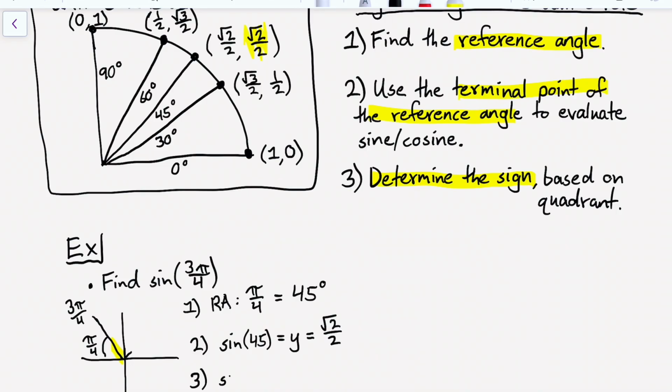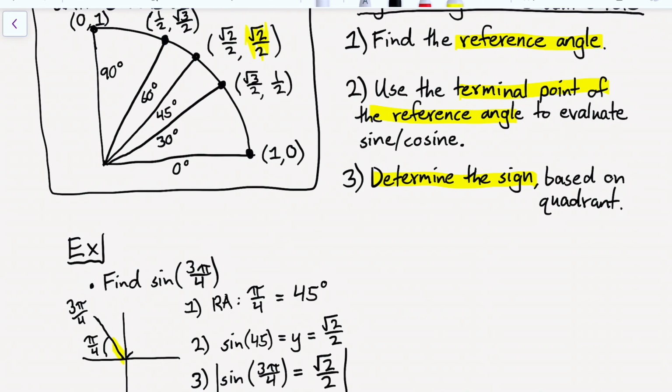And third, to find sine of 3 pi over 4, we're going to use an absolute value of root 2 over 2. We just need to determine the sine. I'm in quadrant 2 for the angle 3 pi over 4. The y value is still positive in quadrant 2, so my answer is still positive. Sine of 3 pi over 4 equals root 2 over 2.